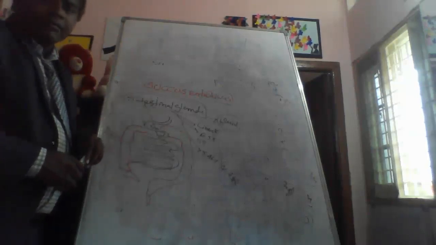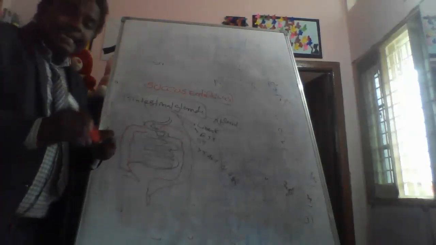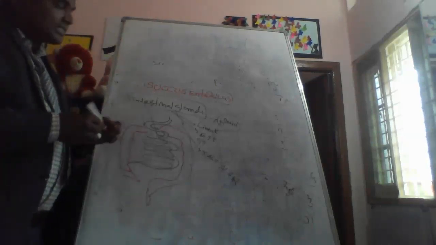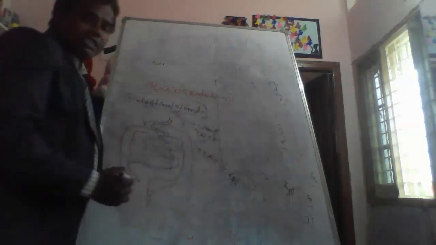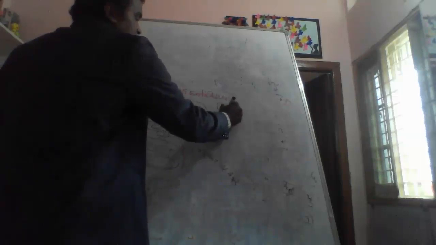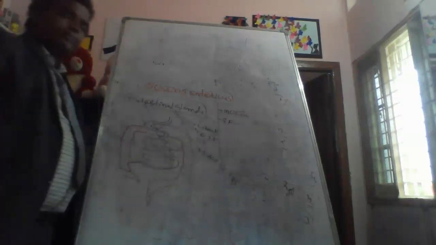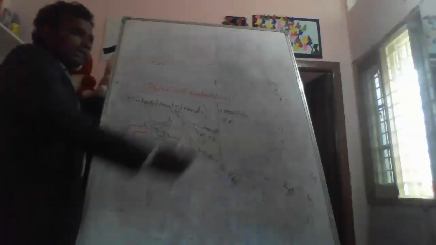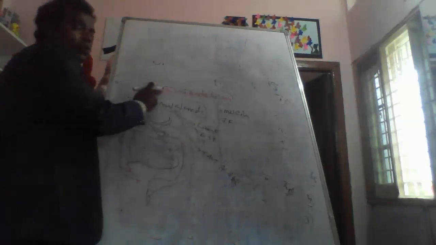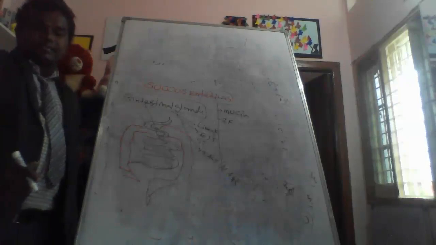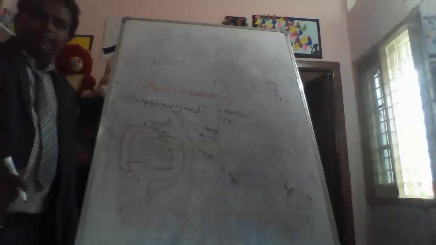Now clear? So what does succus entericus contain? The composition of succus entericus is mucin and intestinal fluid. Intestinal fluid and mucin together are called succus entericus. Very important.